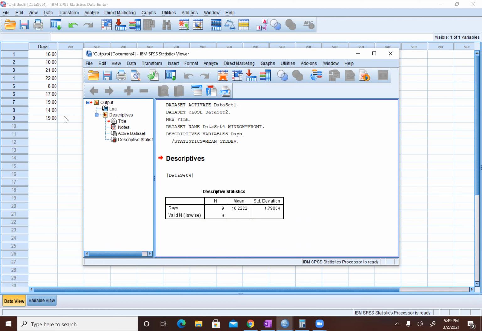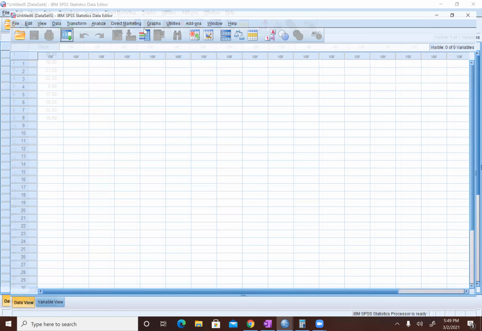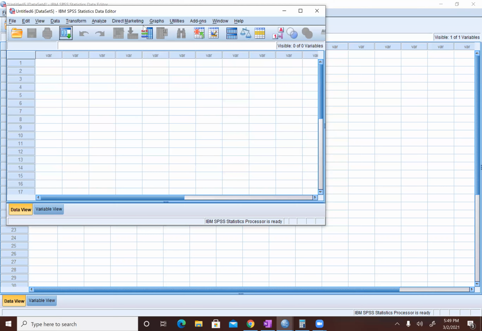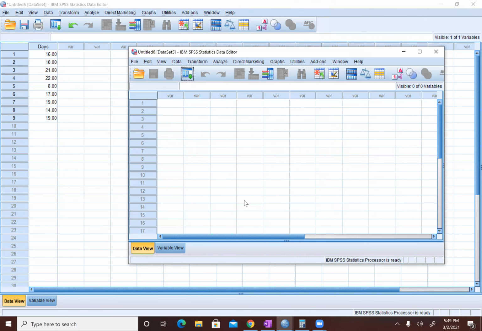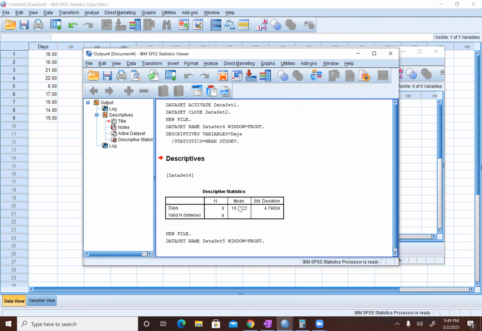So let's put it in a new data sheet. I had these numbers, 16.222 and 4.79.